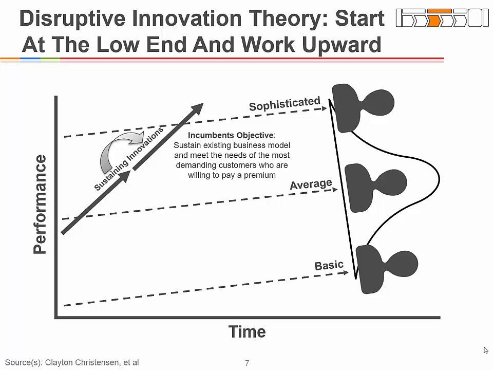And then when they're looking for ways to improve that product, they're not going to go to the average Joe who just needs something to make it work and will only pay a little bit. They're going to talk to the really sophisticated customers who need a lot of extra attention and a lot of extra performance for their job to be done. And that's what drives companies into this sustaining innovation mode, where they constantly improve the product in an incremental way.